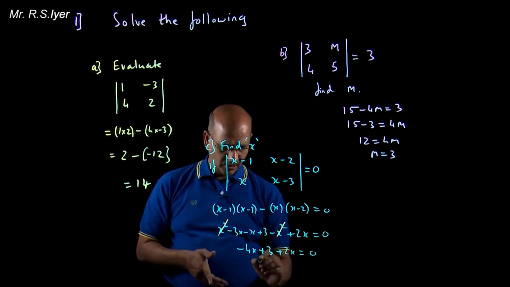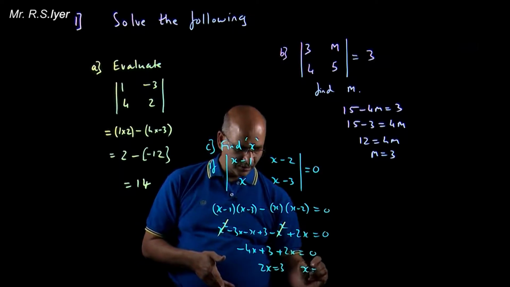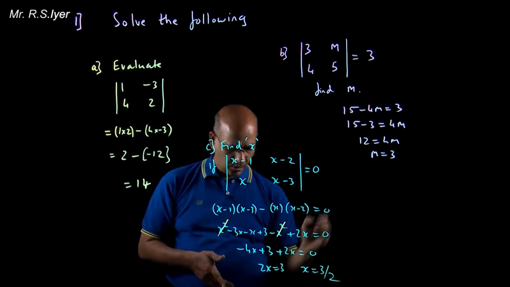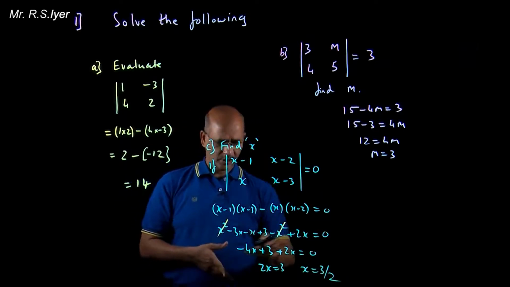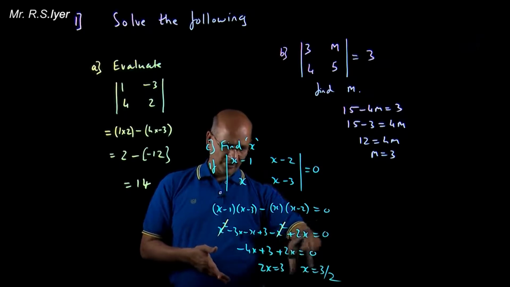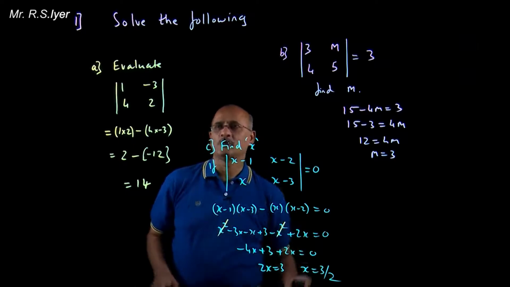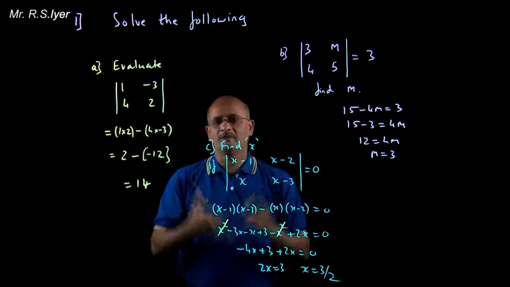So I think it is nothing but 2x equals to 3. So I get the answer as x equals to 3 by 2. So check it out, because minus 4x this side plus 2x this side. So 4x minus 2x is 2x. So 2x equals to 3. So this is a basic match. So this is what it is there in front of you.